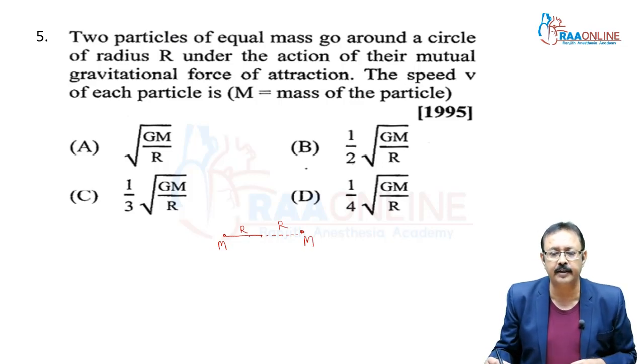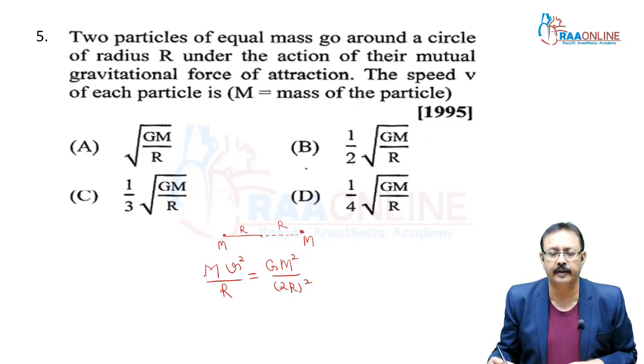So they move in radius of circle r. Both need a centripetal force mv square by r. From where will they get it? They will get it from mutual gravitational attraction between the particles. What is mutual gravitational attraction? G m1 m2 upon r square.